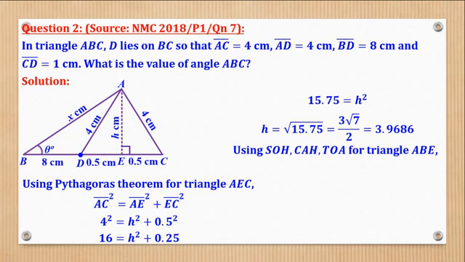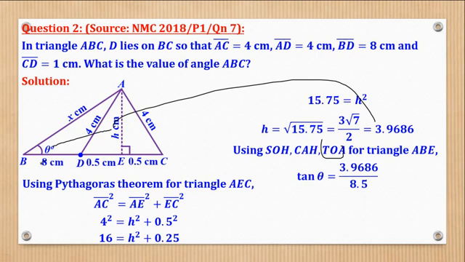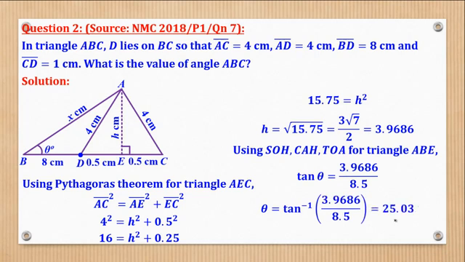Therefore, we are going to use tan. So tan theta is equal to this H, which you have got, divided by 8.5, because this gives you 8.5. That means that theta will be 25.3 degrees. As in, the angle they want is 25.30 degrees.